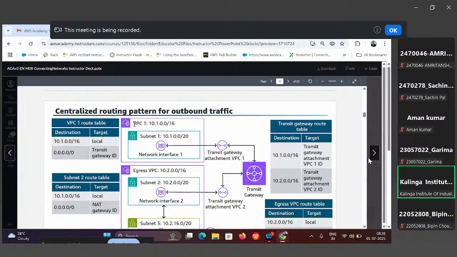For that, we generally prefer centralized devices where we can configure this particular VPC, which is called an egress VPC, which will handle all the outbound traffic, and wherever traffic is coming from outside sources to your private networks. So for that case, you can use this type of VPC.